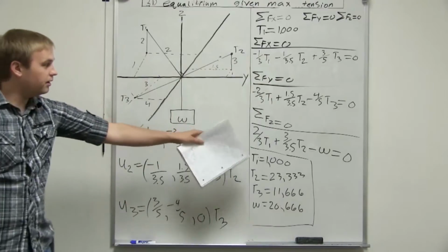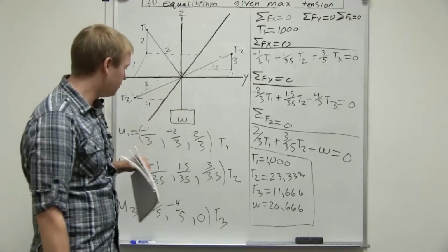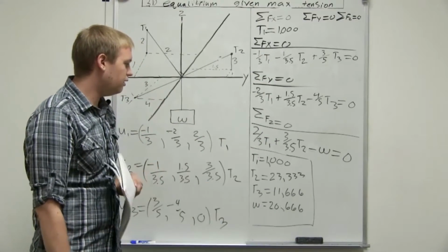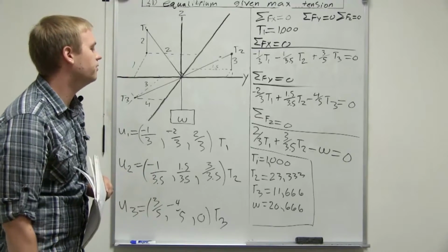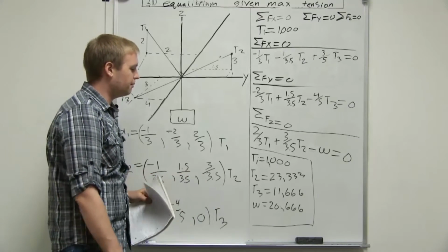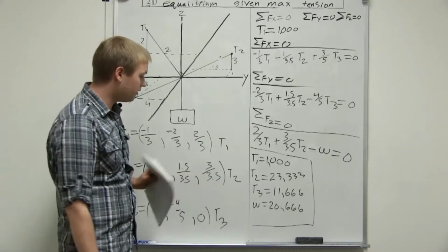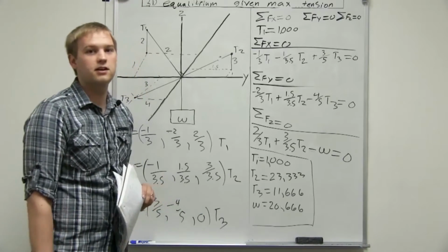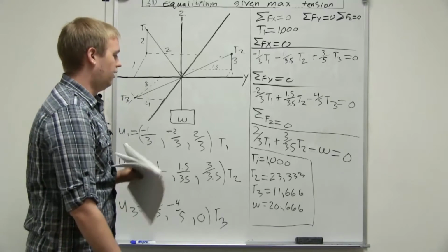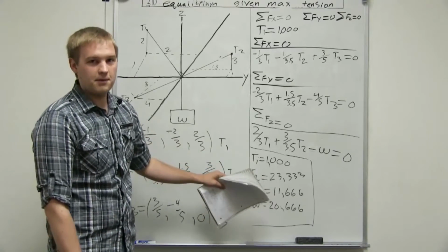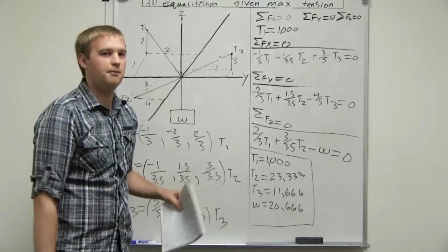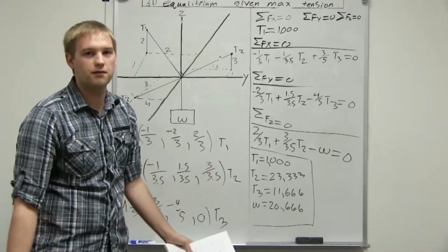We have T1 equals 1,000 pounds, which is the assumption that we made. T2 equals 23,333 pounds. T3 equals 11,666, and the weight that we can hold is 20,666 pounds. Now, we should automatically know that this cannot be correct because these tensions are above 1,000 pounds.